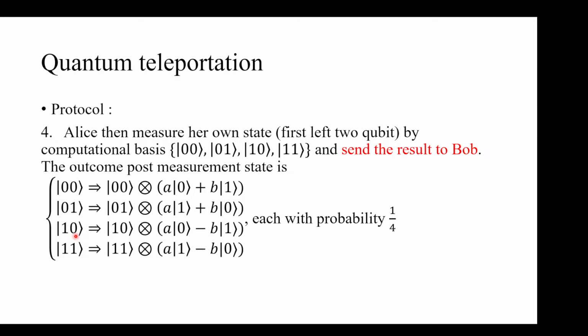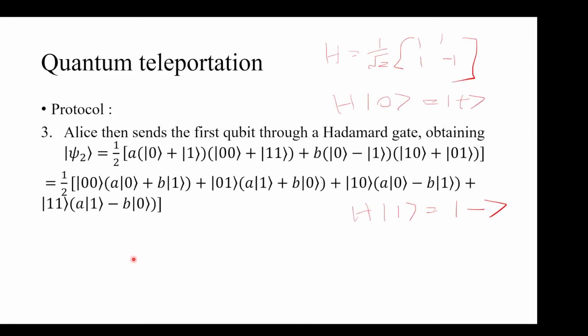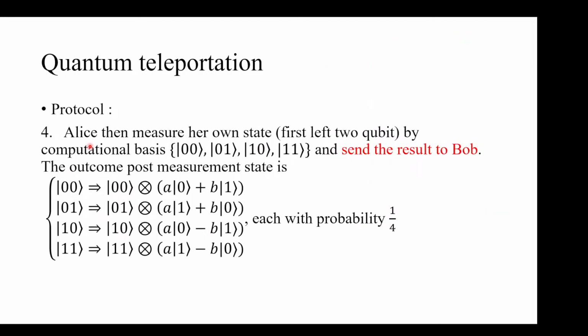And finally, the second part of the protocol shows why we want to write it this way, because the next part of the protocol is that Alice is going to measure her 2 qubits. Remember, the first 2 qubits are on Alice's part. So Alice is going to measure her first qubits in the computational basis: 0 0, 0 1, 1 0, 1 1.